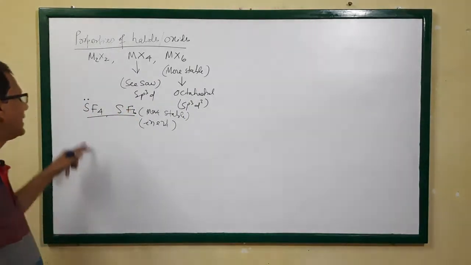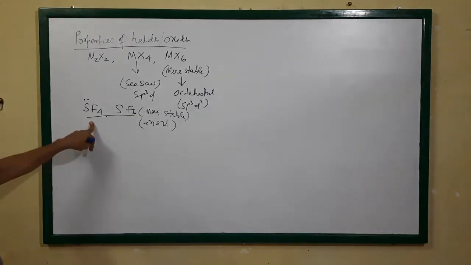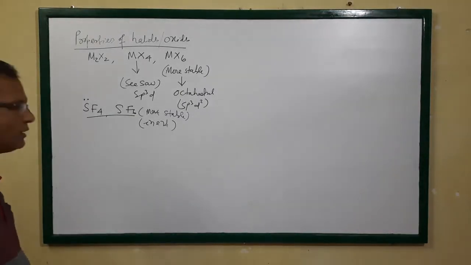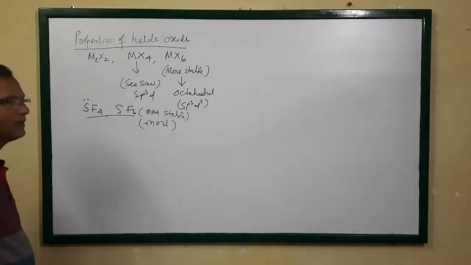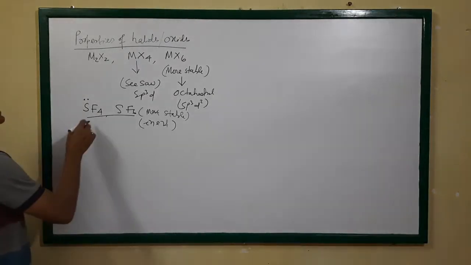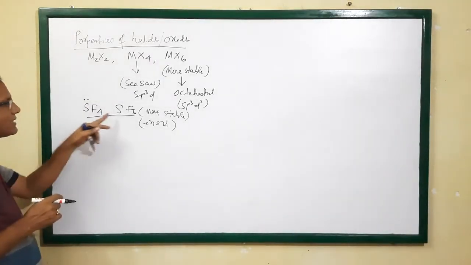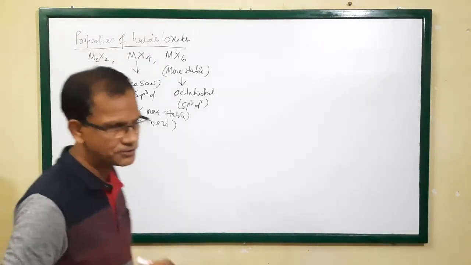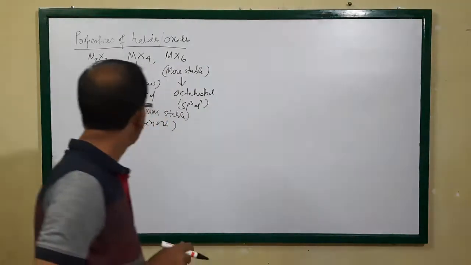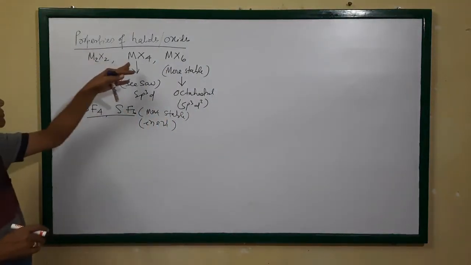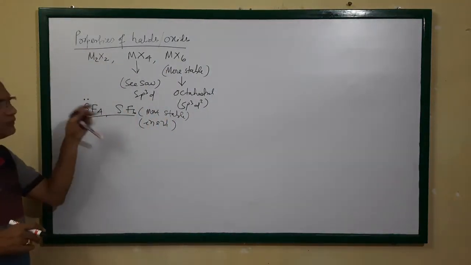SF4 can be easily hydrolyzed due to the presence of vacant orbital, and it has a seesaw structure, more reactive than SF6. So these are some properties of halides of sulfur.